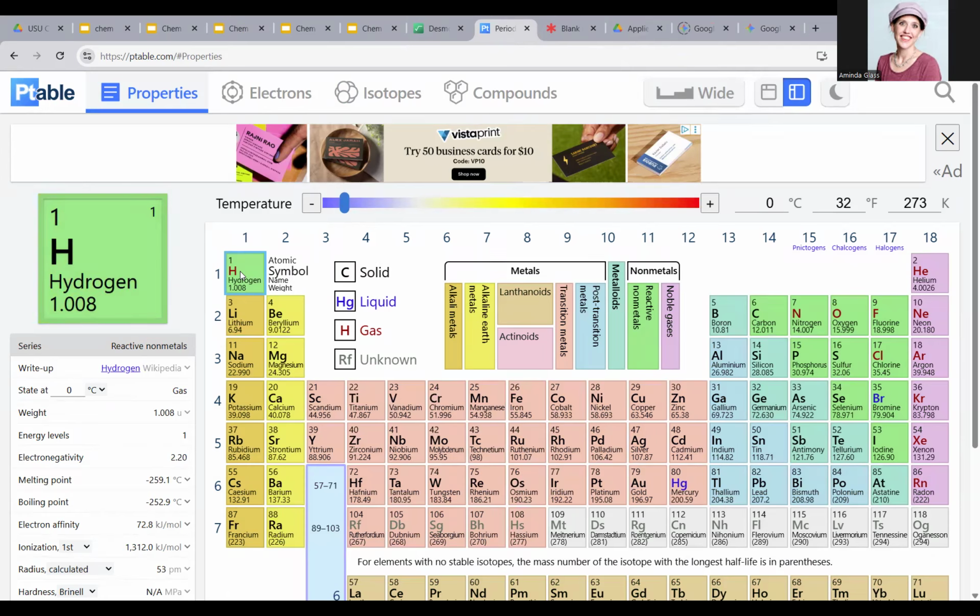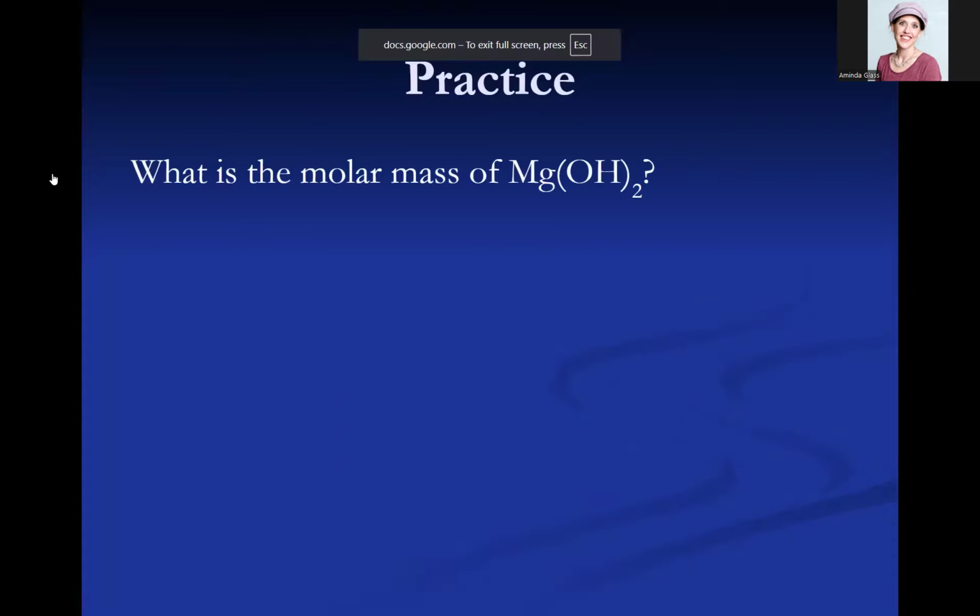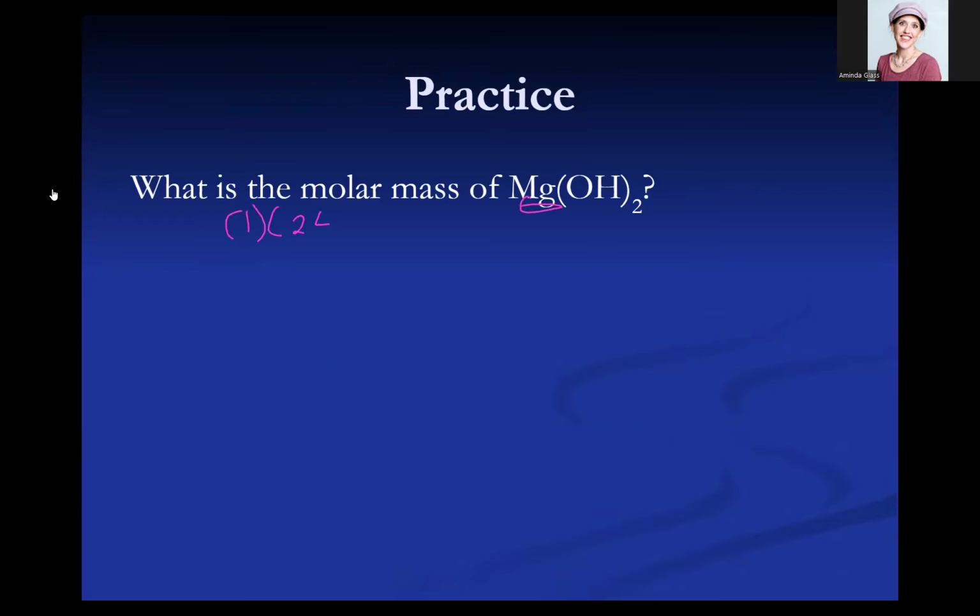Hydrogen is 1.01 and oxygen is 16.00. Remember, we're just going to 2 decimal places. Here I see 1 magnesium, and it's 24.31 grams per mole.